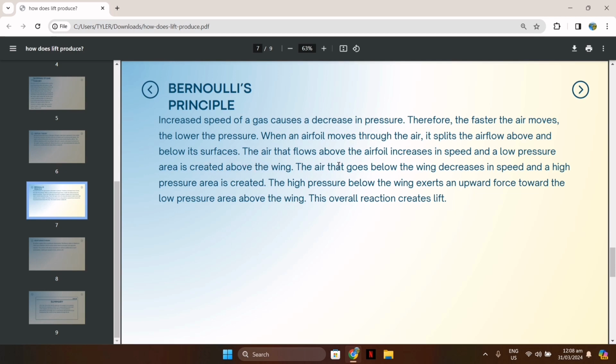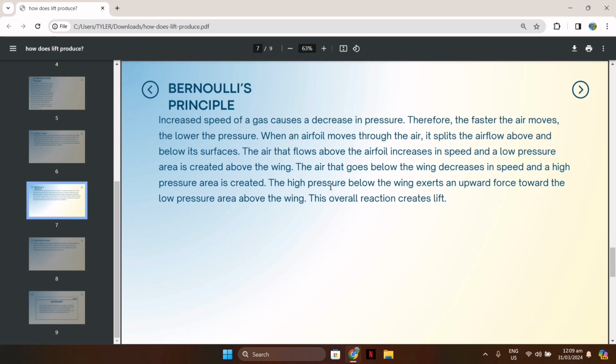The air that flows above the airfoil increases in speed and a low pressure area is created above the wing. The air that goes below the wing decreases in speed and a high pressure area is created. The high pressure below the wings exerts an upward force towards the low pressure area above the wings. This overall reaction creates lift.